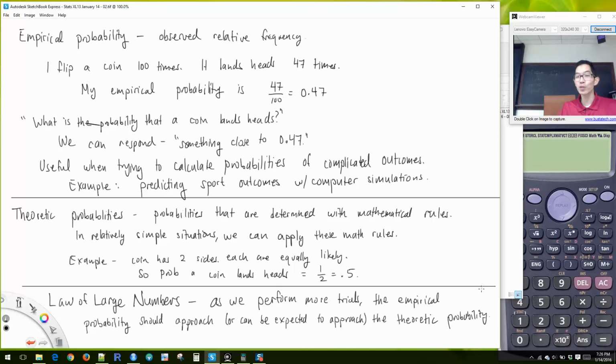But sometimes the theoretic probabilities are too complicated to calculate, such as with sporting events. It would be very difficult. I wouldn't even know how you could have a formula for how a sporting event should go. But we can simulate these things, run simulations over and over again and get empirical probabilities.